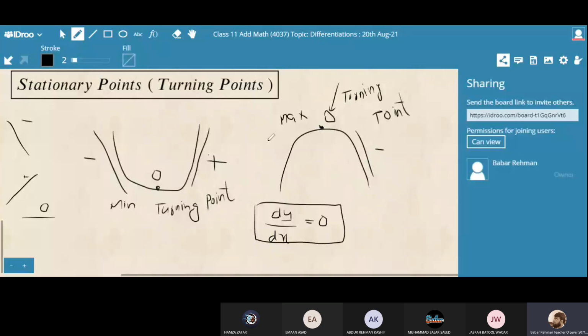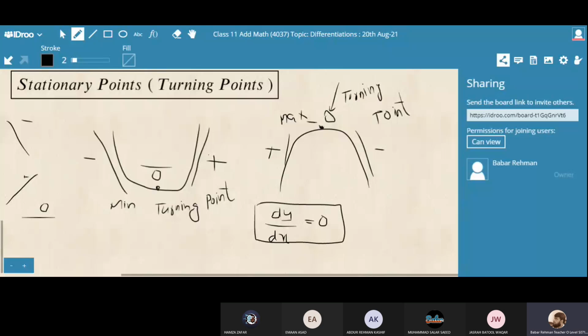Before zero the gradient will be positive. So please make sure of these concepts. Is there any problem in these concepts? Please ask me. Any problem? No, sir.